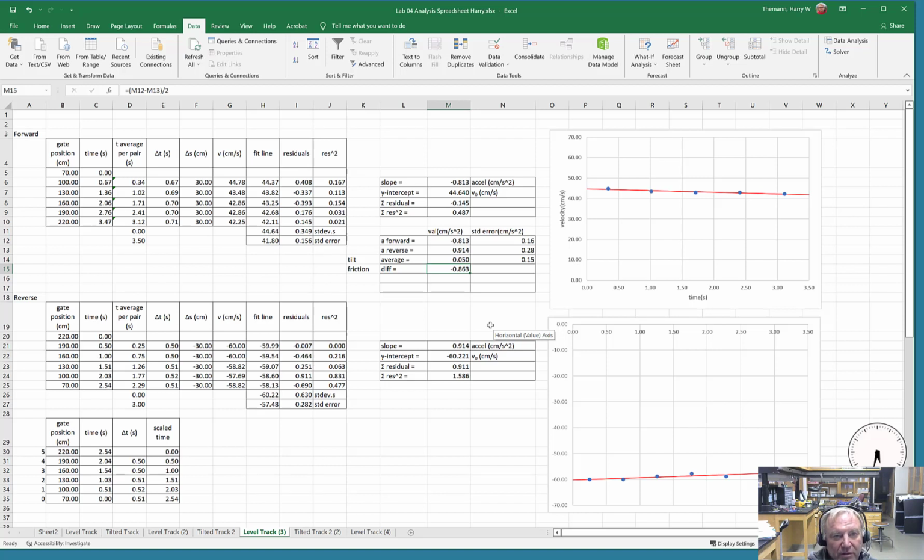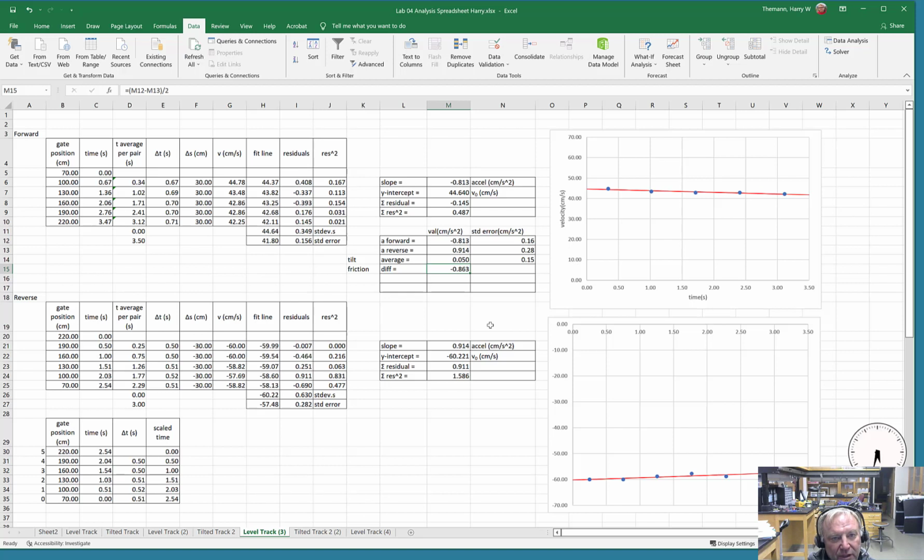And so let's see. It's a positive tilt, but negative friction. So we'd expect both of them to give us an answer. If there was no friction, we would both give an answer that was a little bit higher than the acceleration of gravity.